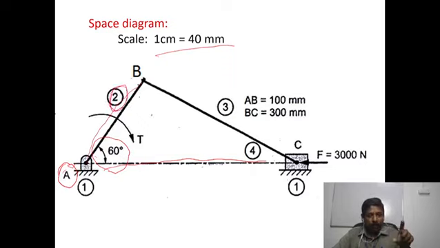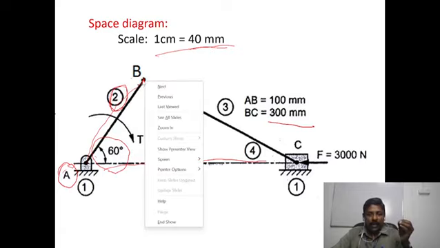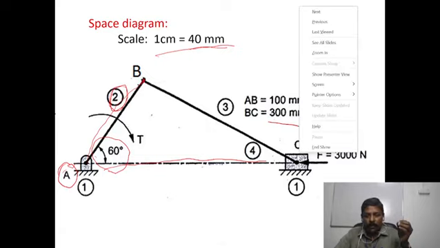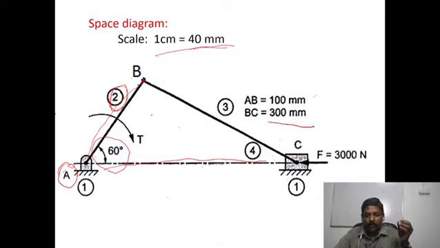Next, you take a compass and take this point B as the center. The connecting rod length is 300 mm original, but our scale is 40 mm equal to 1 centimeter, so 300 divided by 40. That much centimeter is to be taken in the compass, and taking B as center, draw an arc on the line of stroke.